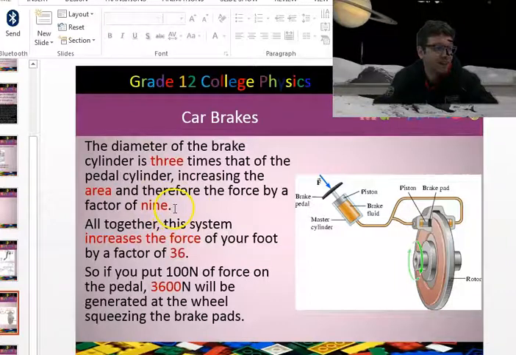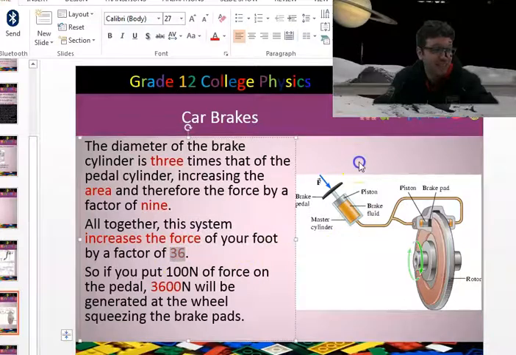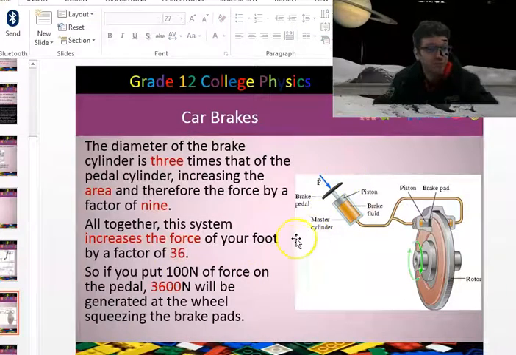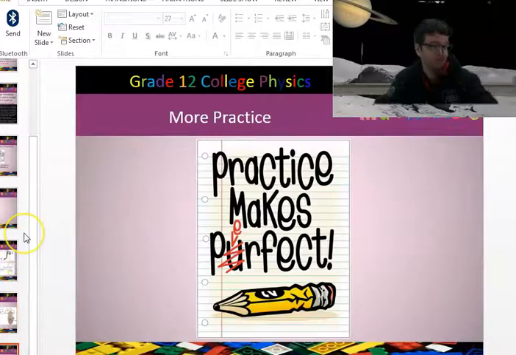Right? Now multiplying the mechanical advantage of 4 with the mechanical advantage of 9, we get a total mechanical advantage of 36. That means the force that you apply with your foot gets multiplied by 36. So if you apply 100 newtons of force on the pedal, 3,600 newtons of force will start squeezing on that wheel. So it's quite impressive.